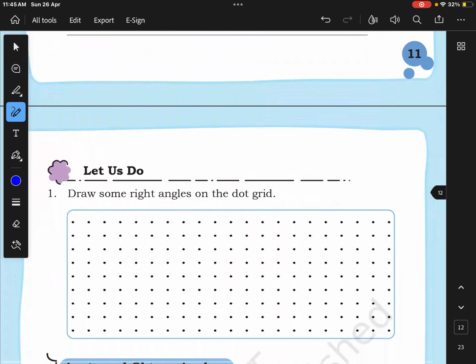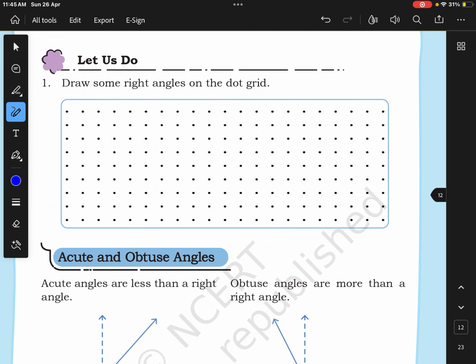Okay, so forget that. Now come to this. Let us draw right angles on the dot grid. So we have to draw some right angles on the dot grid here. Okay, so it is very simple. You can just join these dots, and you can add a few dots here. So we can say this is a right angle. And we can do something like this, and something like this.